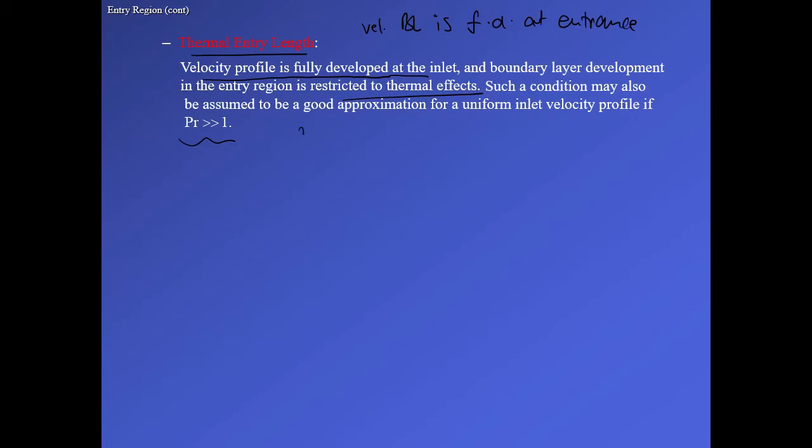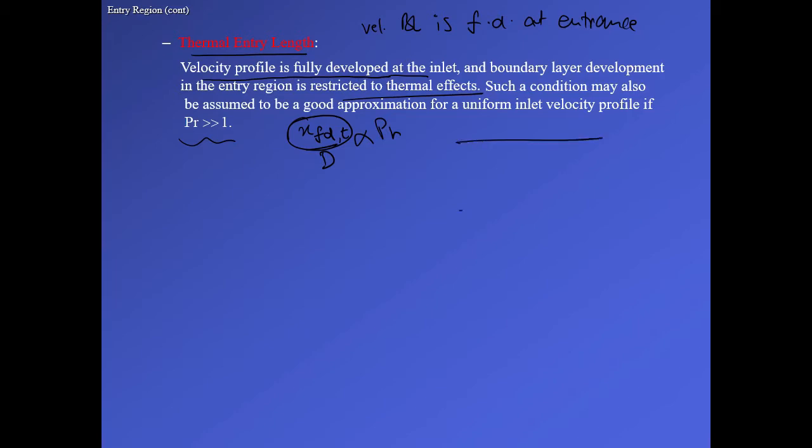Remember when we talked about the fully developed length, this was approximately proportional to your Prandtl number. So this was the thermal entry length. If the Prandtl number is very large, then the thermal entry length is very large, but of course the hydrodynamic entry length is very small.